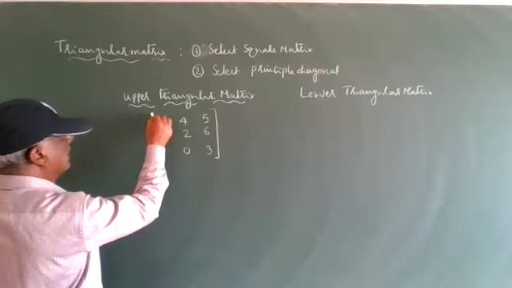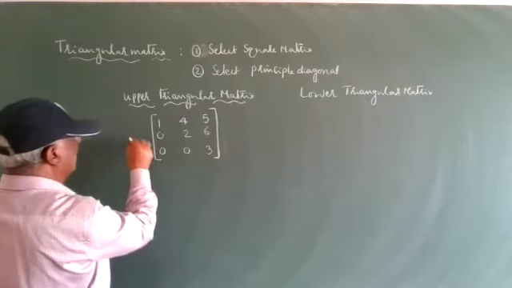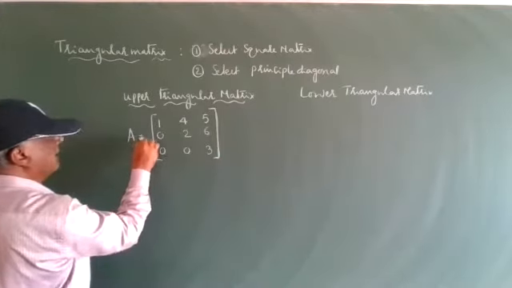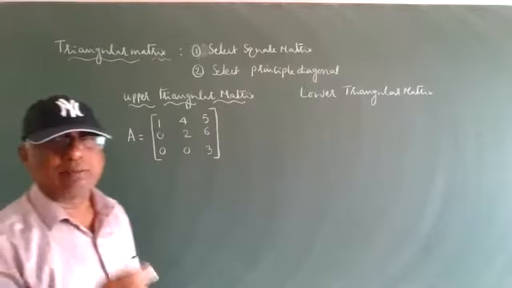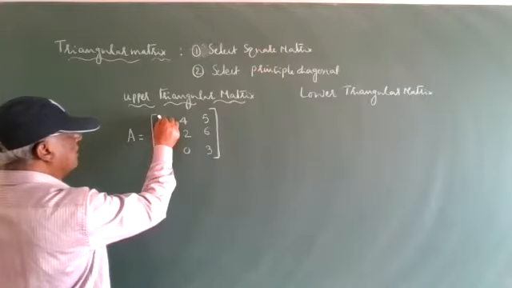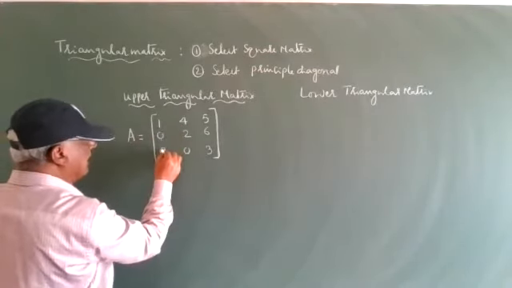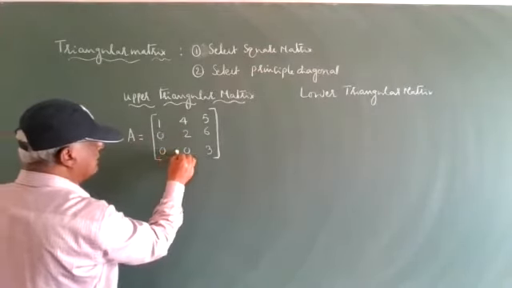A square matrix is compulsorily put in a closed bracket. The symbol of the matrix is A. First round up the principal diagonal. The principal diagonal forms a triangle. This one is the diagonal.